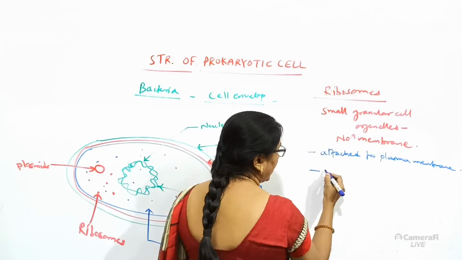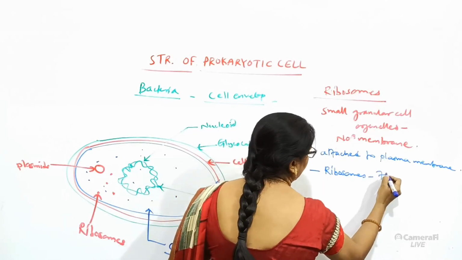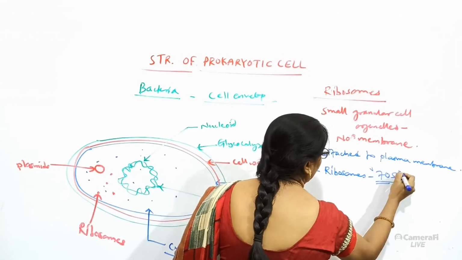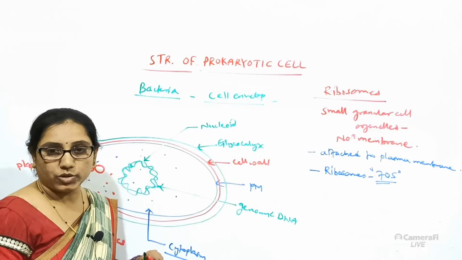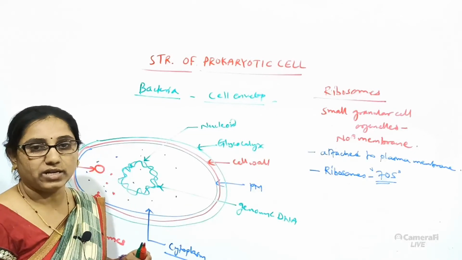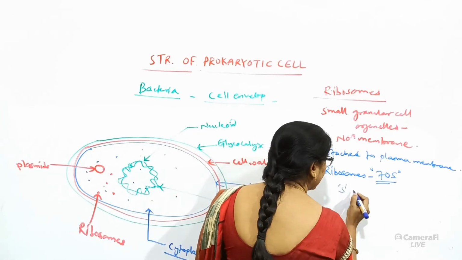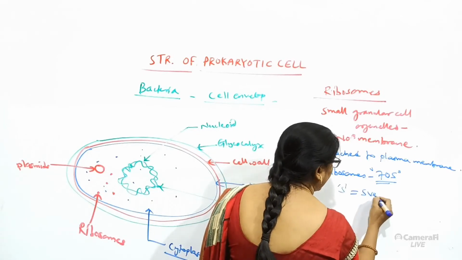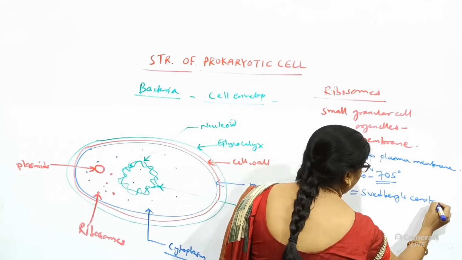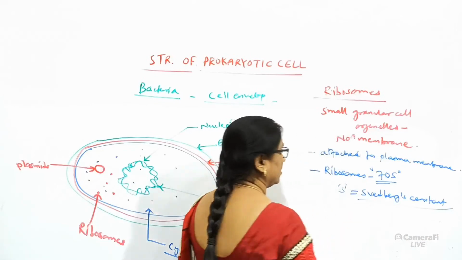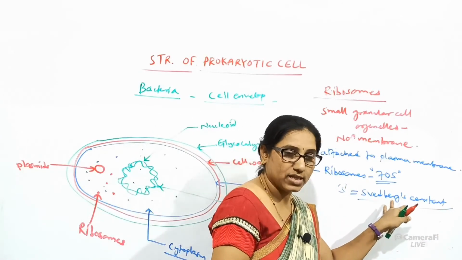In eukaryotes, the ribosomes are of 80S type. Which type of ribosomes are present in prokaryotes? The prokaryote shows the presence of 70S type of ribosomes. What is this S? S is nothing but the Svedberg's constant. Svedberg is the name of the scientist.